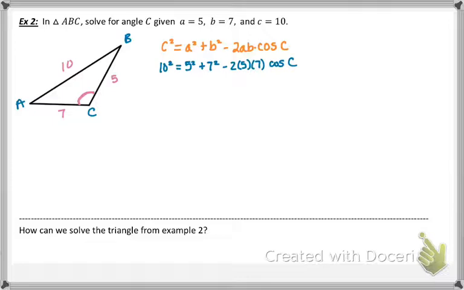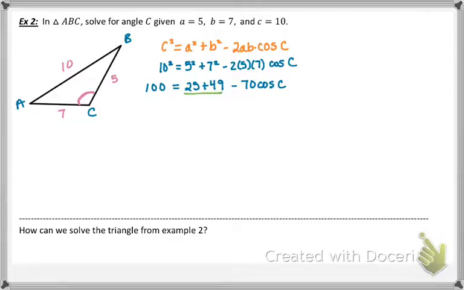And then we're going to go ahead and simplify to solve for C. 100 equals 25 plus 49 minus 70 times the cosine of C. And now here is where a very common mistake happens, so be very, very careful. When you're trying to isolate C, a lot of students would say, all right, we can combine like terms on the right side, right? We can add 25 and 49. Yes, you can.